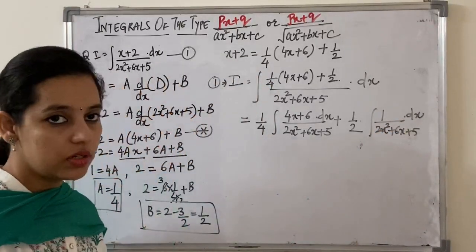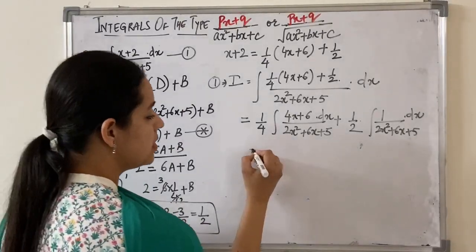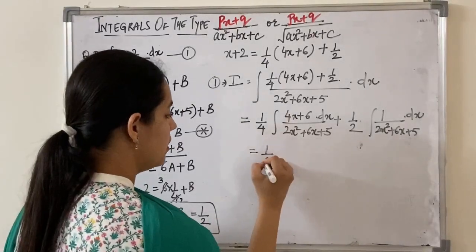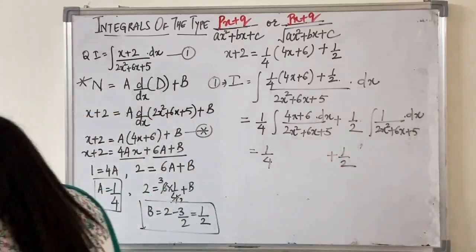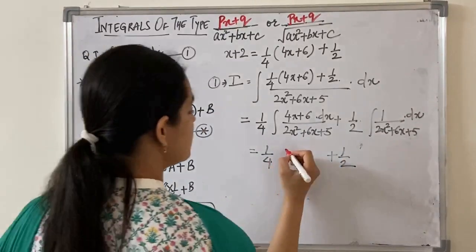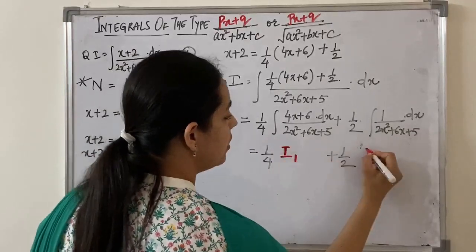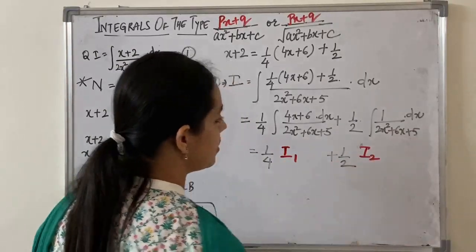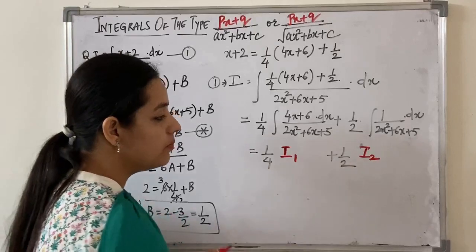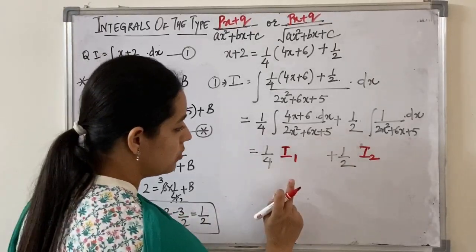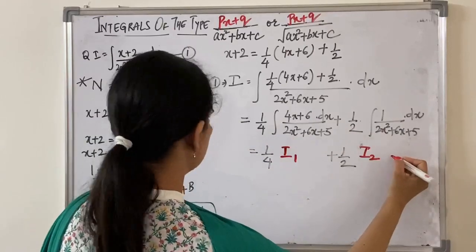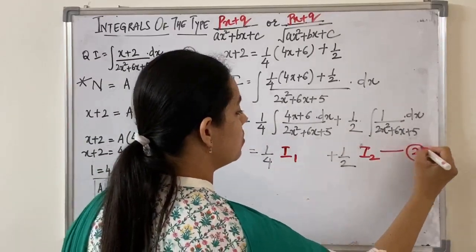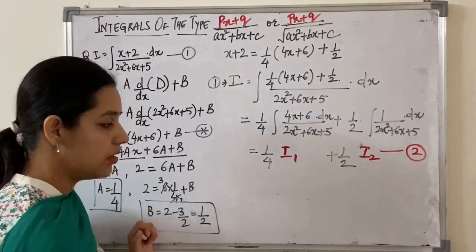Now to solve it further, we can write them as integrals, say I1 and I2. This first one can be written as I1 and this one can be written as I2. Now we can solve them separately, and to write the final answer we will put their values in this equation, say 2, and we will get the final answer.